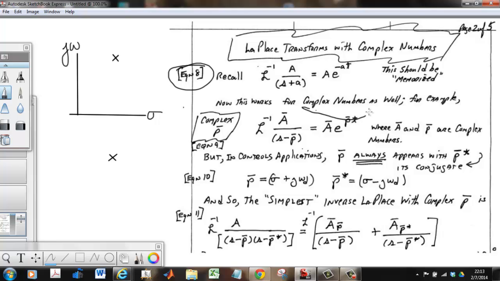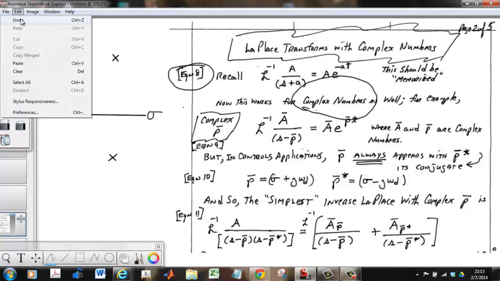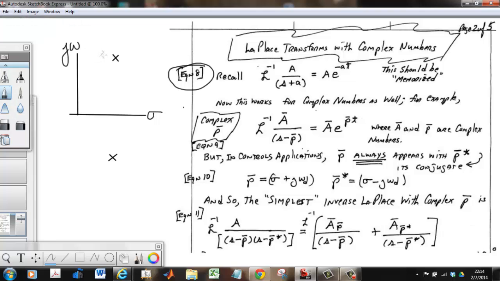So the interesting thing is that same formula is going to work for complex numbers, except that if it's a complex number, shown here as p, where p, again, if you remember, is drawn from the origin of the complex plane up to the pole. And we know that if we ever have the Laplace transform of something with a complex number, we're going to have two of them.